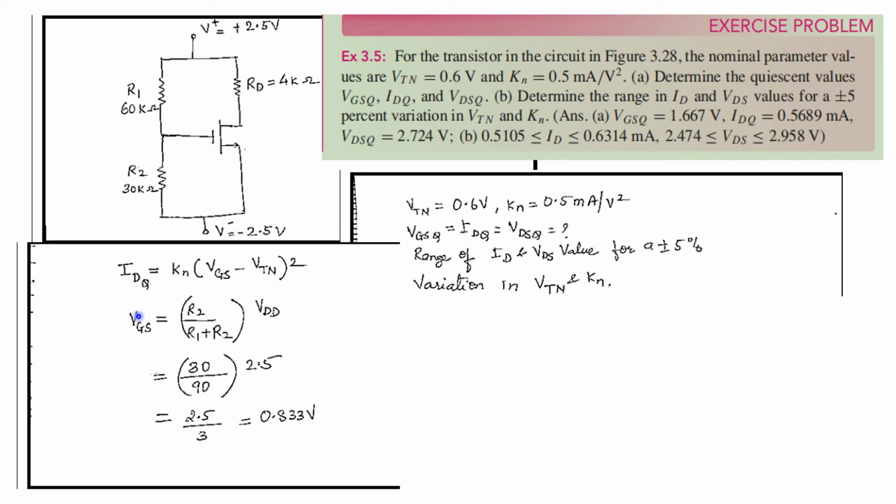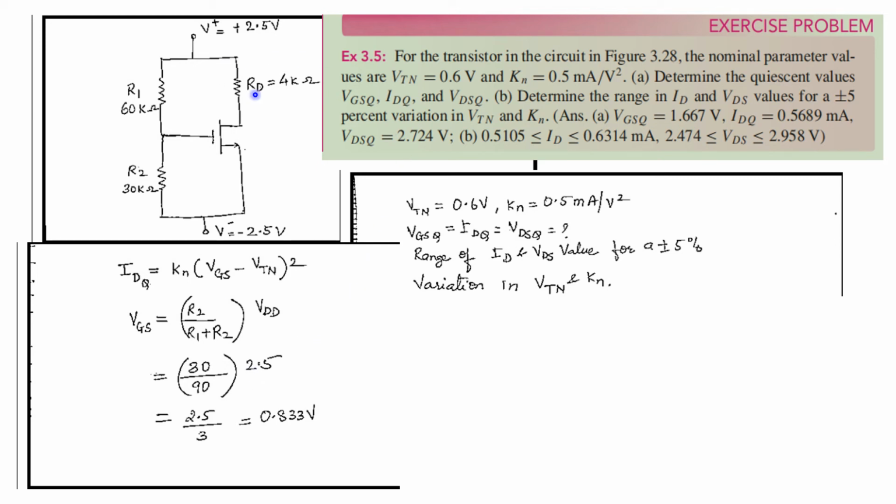So here, using the Shockley's relation, the current is given as ID is equal to Kn into (VGS minus VTN) whole square. So these are the collective parameters that are given in the problem, and VGS is equal to R2 upon R1 plus R2 into VDD. So you substitute the value of VGS.